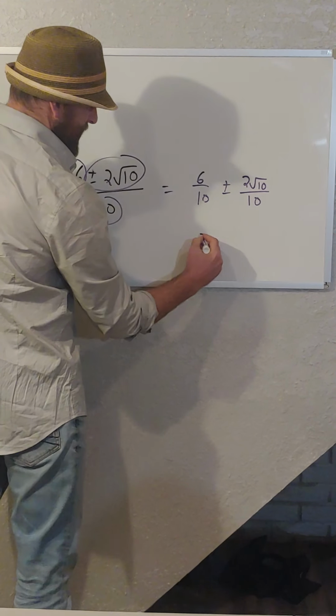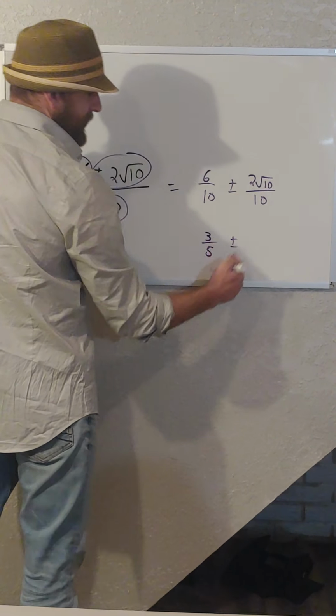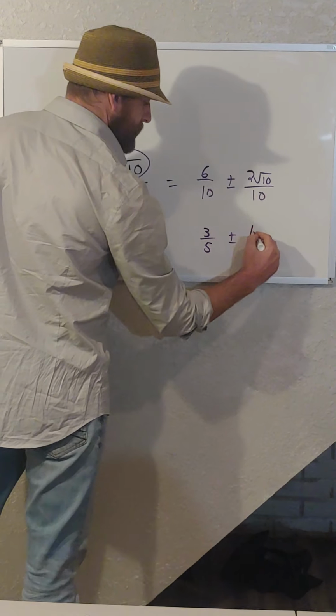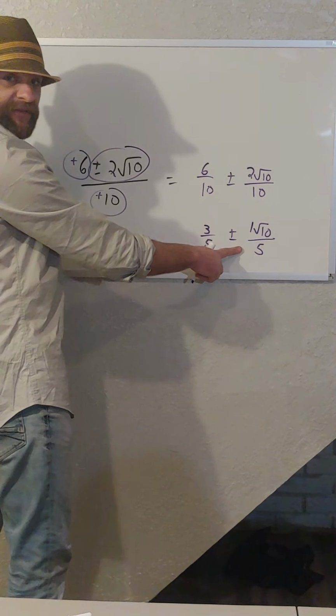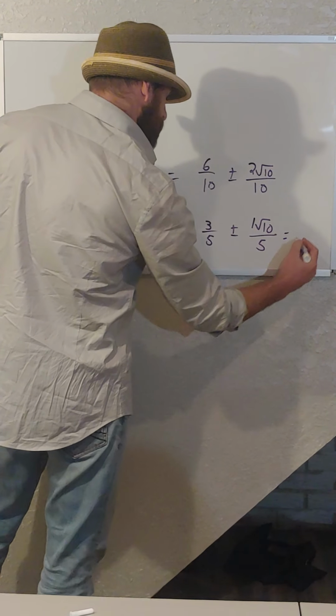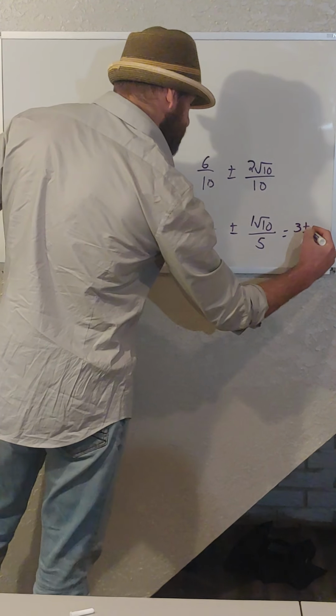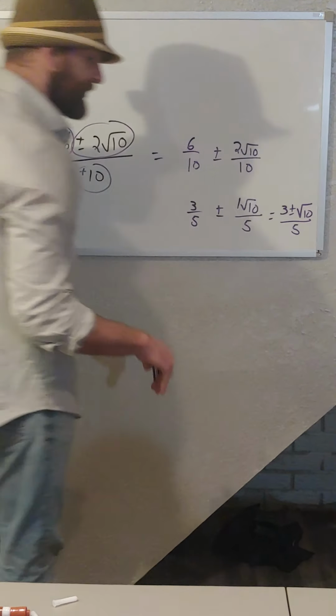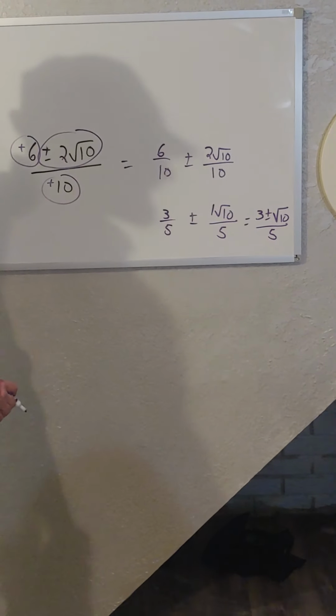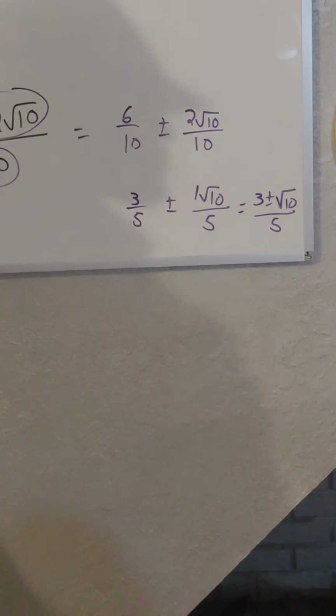Then you could just reduce that, and then you reduce that. And that is an acceptable answer, but sometimes the answer is asked to look like that as well. So it all depends on the instructions. That's it.